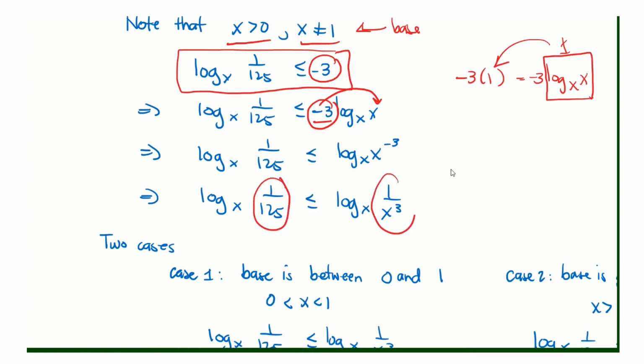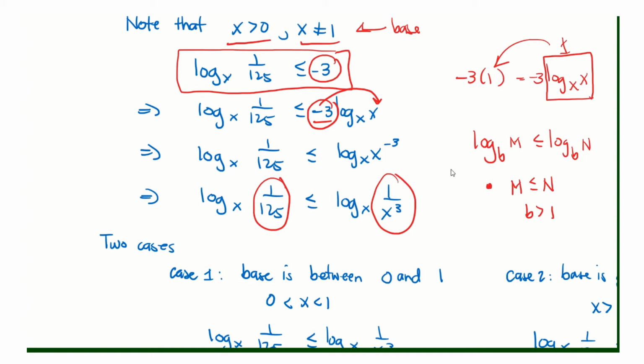Let me take you to a quick review of what happens if we have log base b of m less than or equal to log base b of n. There are two things that can happen. Case number 1, m is still less than or equal to n only when the base is greater than 1.